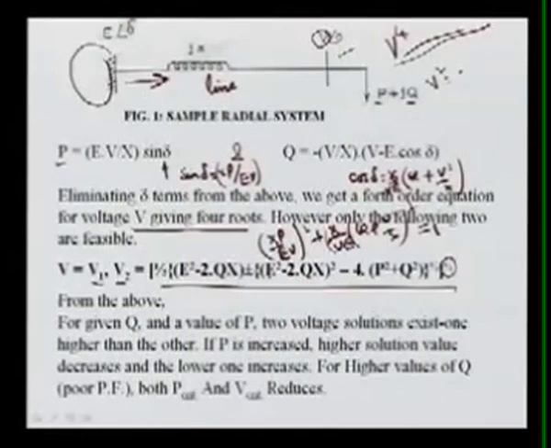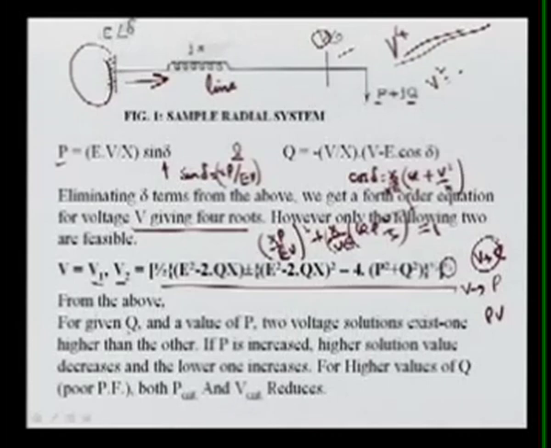So, fixing this value, x is fixed, if we are changing P, we can get the V relation, and then we can have the PV curve. Similarly, changing Q, keeping P constant, and getting V, then it is your QV curve.